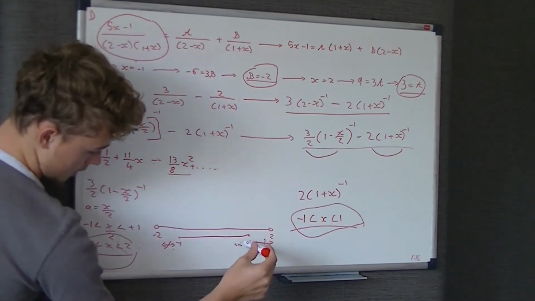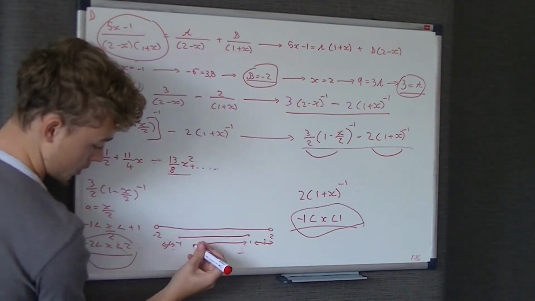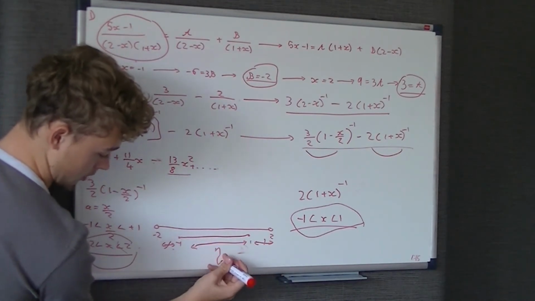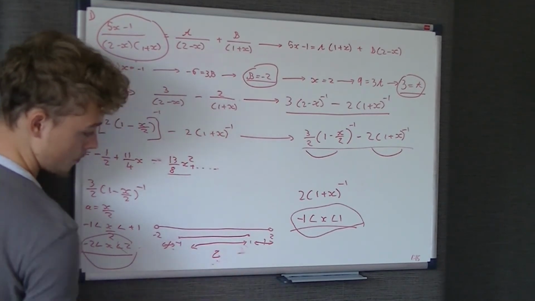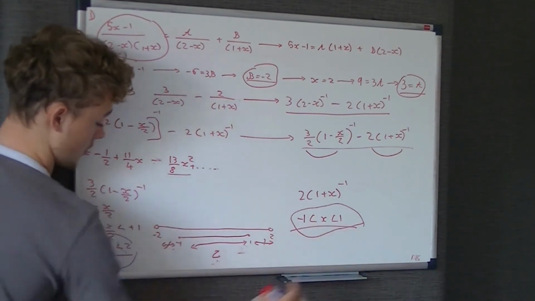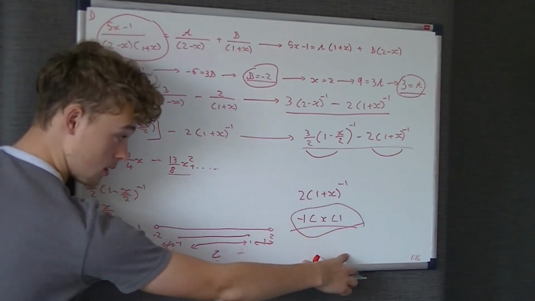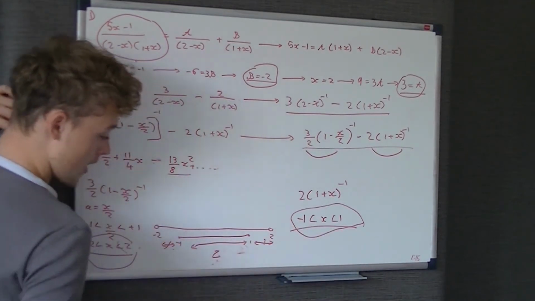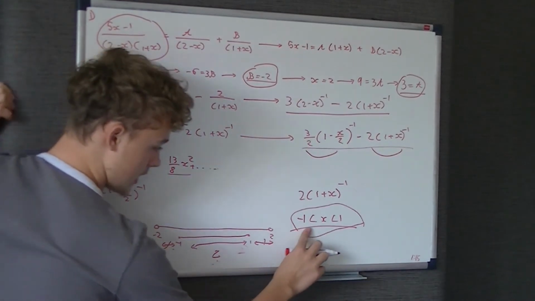But the smaller range between 1 and minus 1, which I'm going to call z, just call it a letter, satisfies the first range and the second, because it obviously satisfies itself. So if it satisfies both, then that's perfect. So this is the ideal range.